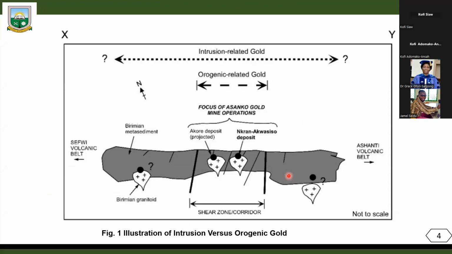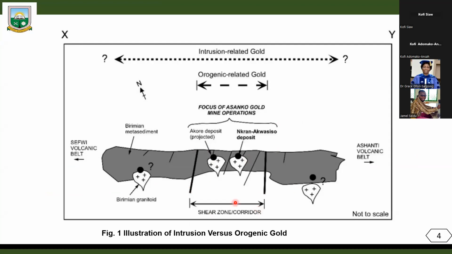Now, when we take the orogenic system, as we can see in this figure, we see this dark line here representing the shear zone contacts. This is what we are looking at as the shear zone, or what we call the shear zone corridor.